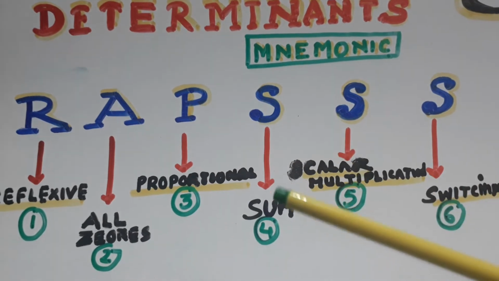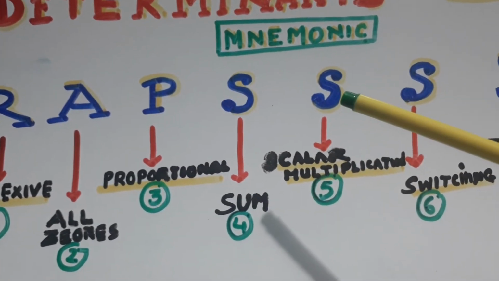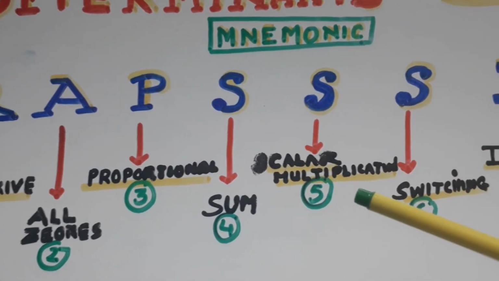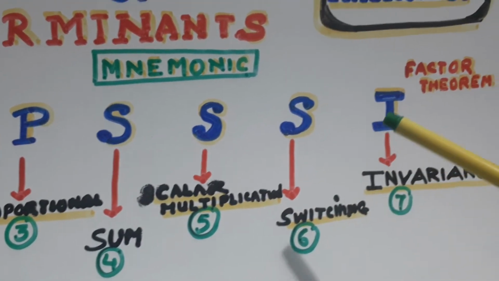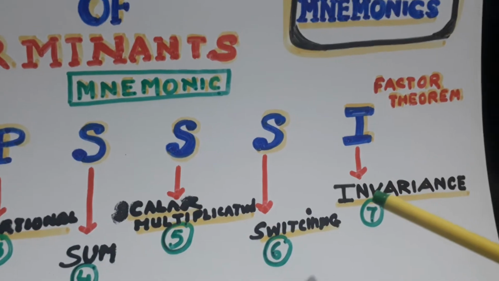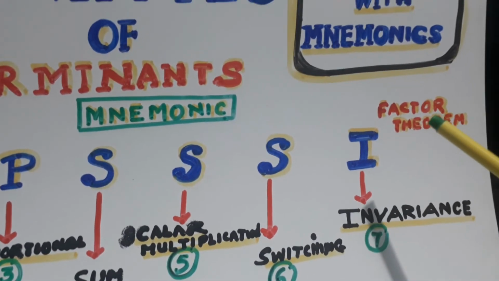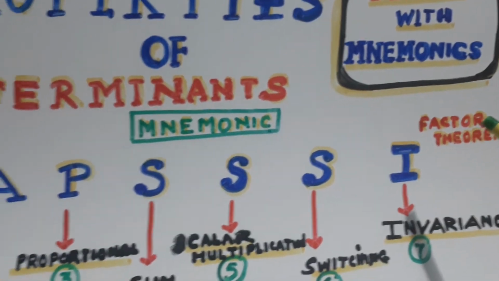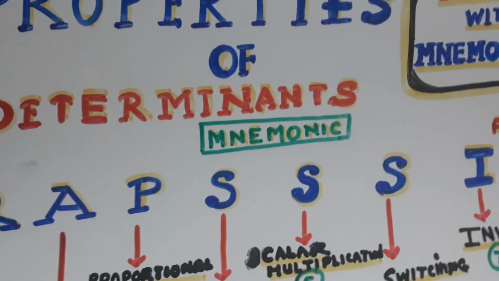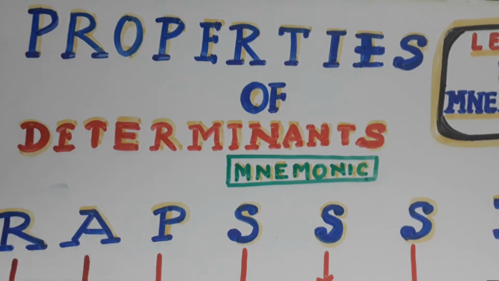S stands for sum. Next S stands for scalar multiplication. Next S stands for switching. I stands for invariance. And factor theorem is also used for finding the value of the determinant. So we shall be discussing these properties one by one.